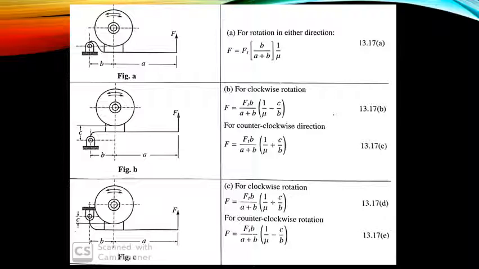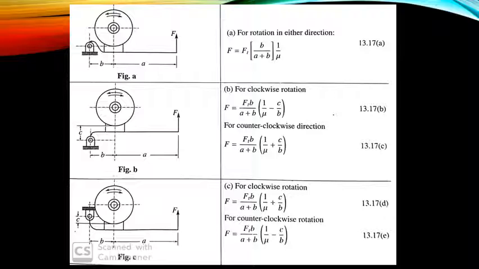And for the second case, that is the Ft will be in between the fulcrum and the center of the drum. So for clockwise rotation we have Ft B by A plus B into 1 by mu minus C by B, the effort. And for counterclockwise direction we have Ft B by A plus B into 1 by mu plus C by B, given by 13.17 B and C.